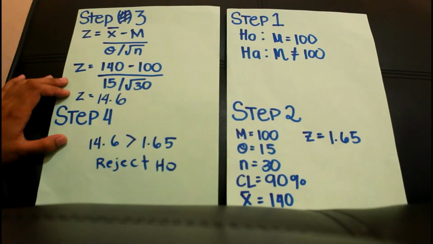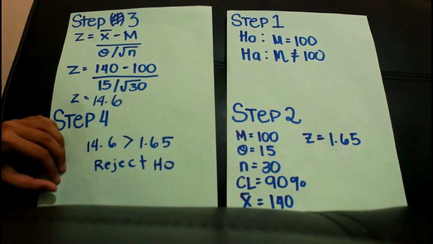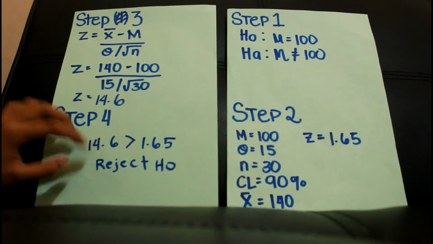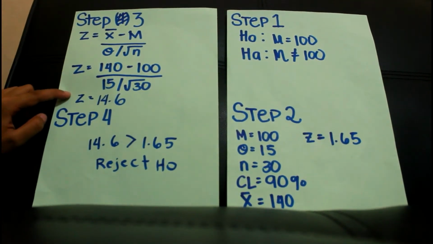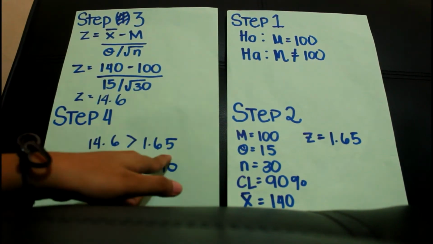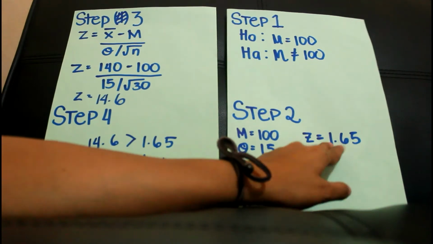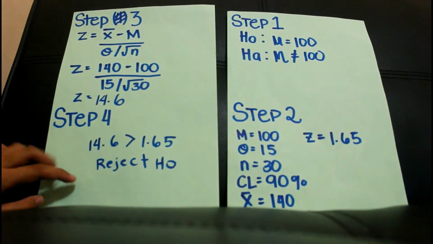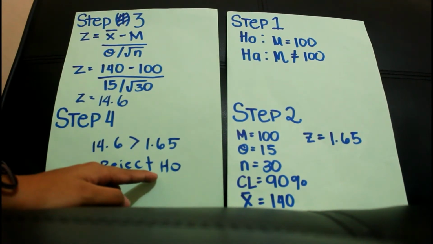Para sa step 4 natin, dito natin malalaman kung accept or reject yung null natin. For example, 14.6 which is the computed value. And yung 1.65 is nakuha natin dito sa ating Z table, which is 1.65. So, ang kinalabasan is reject yung null hypothesis.